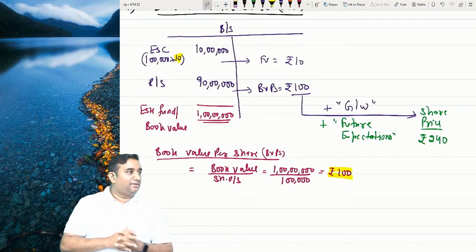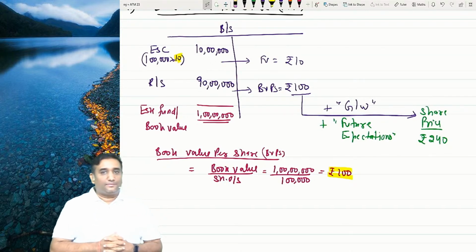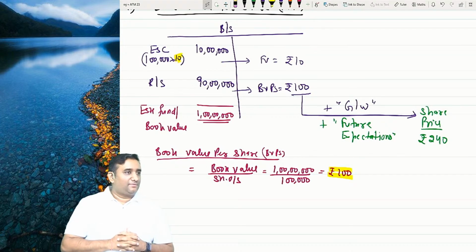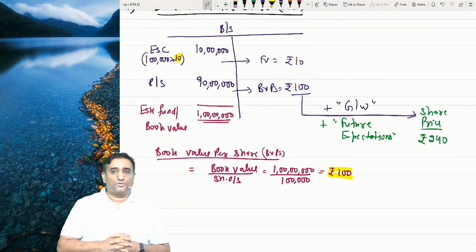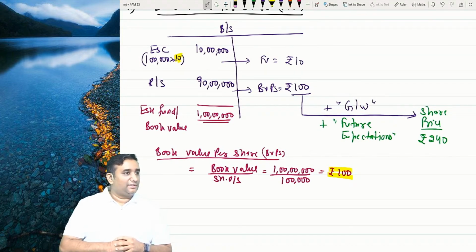If you calculate the P ratio, price by EPS, what comes first? Second comes what? EPS. Price by book value only, right? Price is 240. Book value is what? 100. If it is more than 1, it means your price is more.